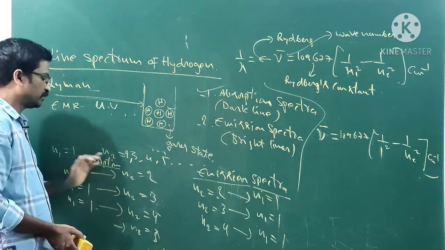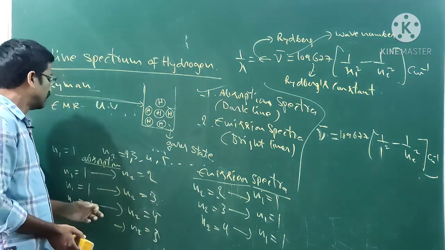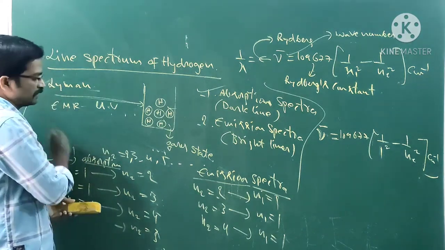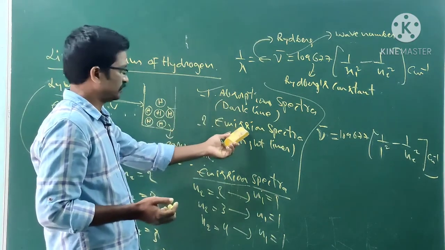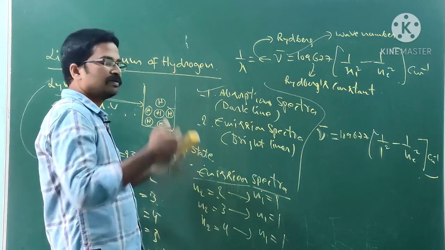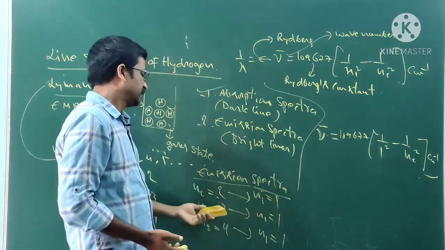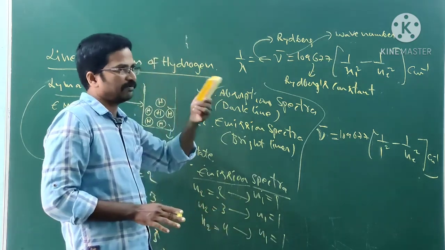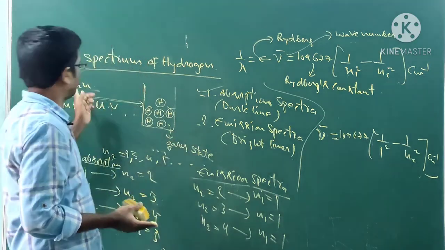The electron goes from 1 to 2, 1 to 3, 1 to 4, 1 to 5. These come under the absorption spectra of Lyman. He also explained emission spectra for the hydrogen atom: energy level n2 to n1, 3 to 1, 4 to 1. All transitions from any level to 1 are indicated by the emission spectra of the Lyman series.